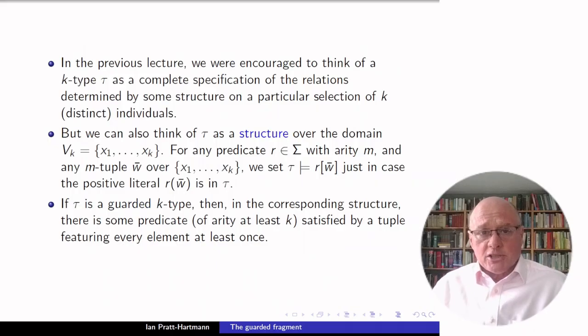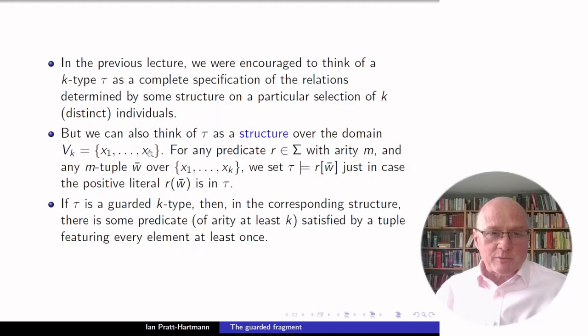In a previous lecture, we were encouraged to think of types as complete specifications of the relations determined by some structure on a particular collection of elements, usually distinct individuals. But sometimes it's easier to think about types as structures. I mean, types are sets of atoms involving variables, but we can think of the variables now as objects. And those objects, x1 up to xk, form the domain of some structure. So you can now think of a type as a structure in the obvious sense.